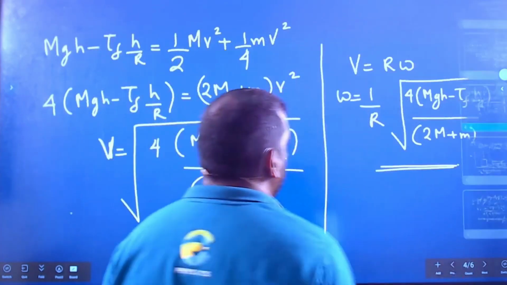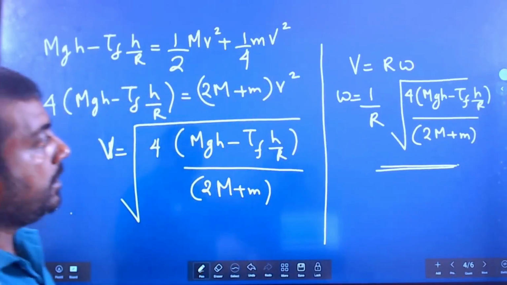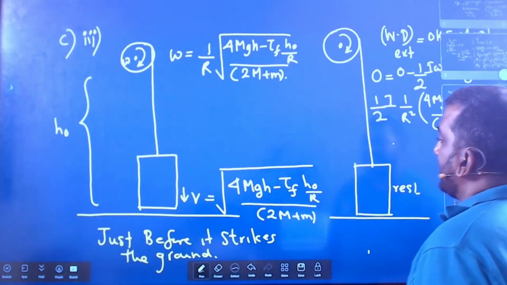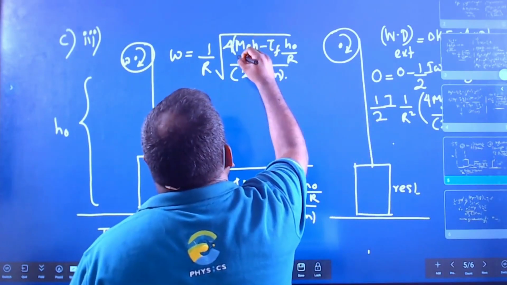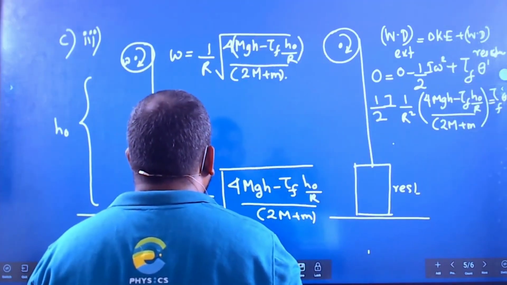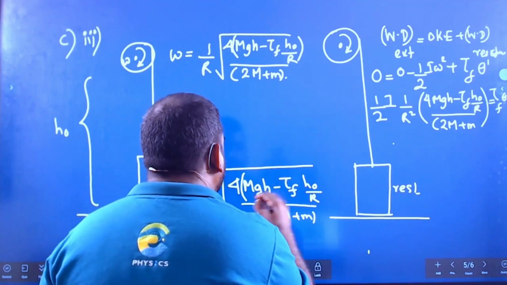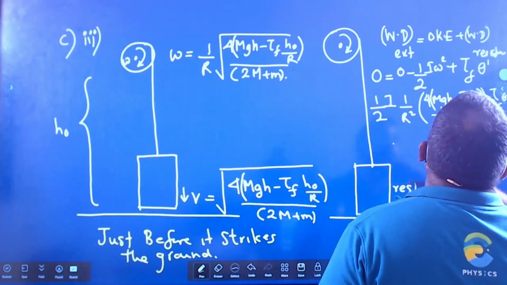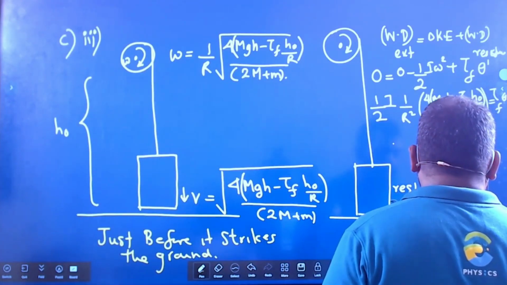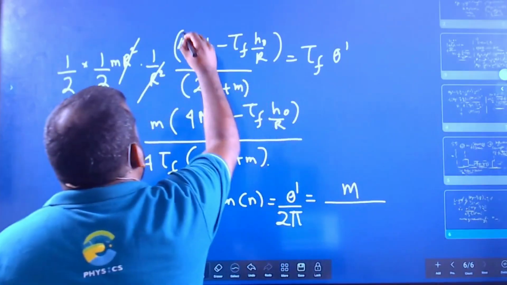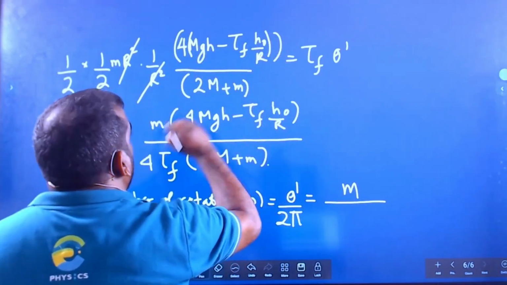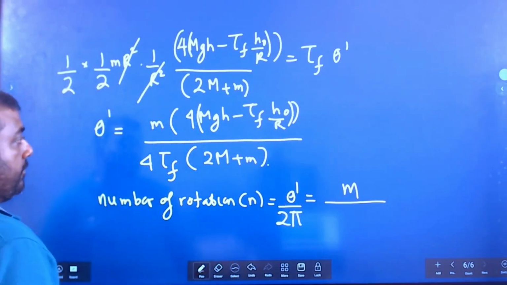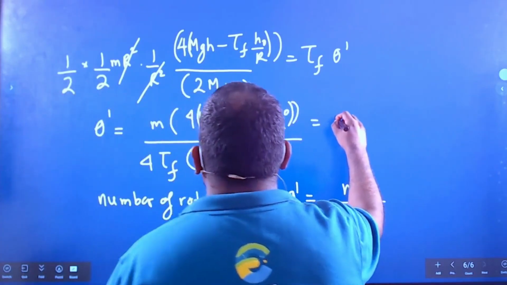Sorry, the 4 is outside, in brackets. The 4 is outside, so the 4 will cancel off.